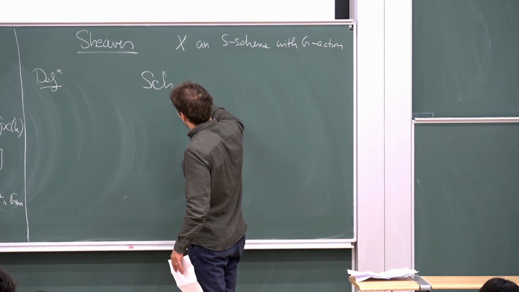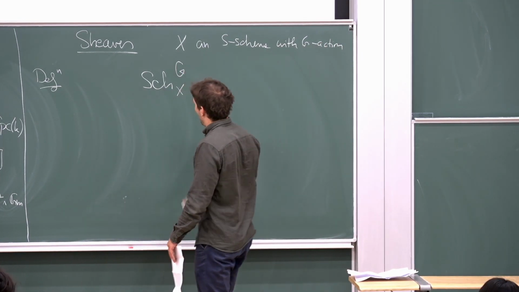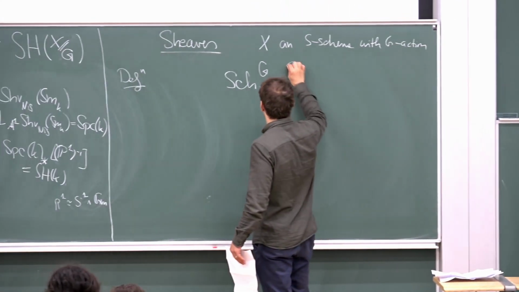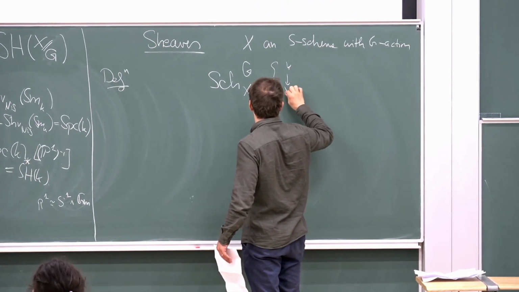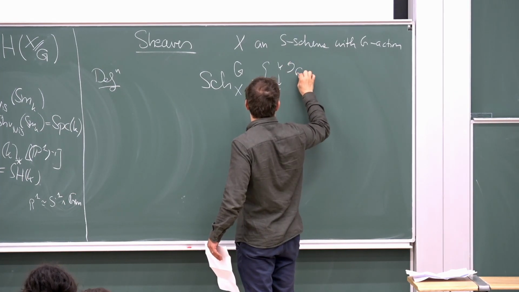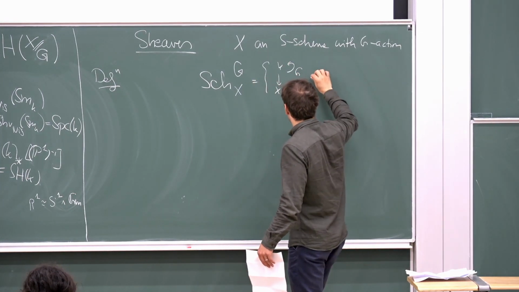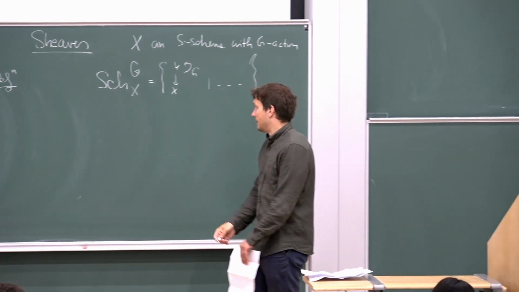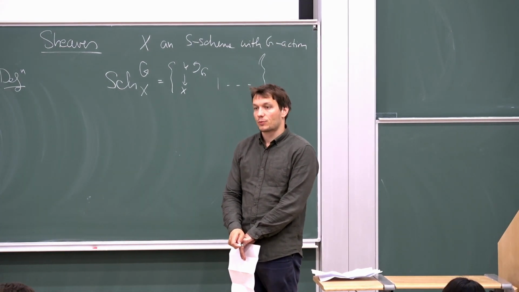Okay, and then I have the category of X schemes with a G action. That's the obvious thing, right? And inside this, I have the category of smooth schemes.